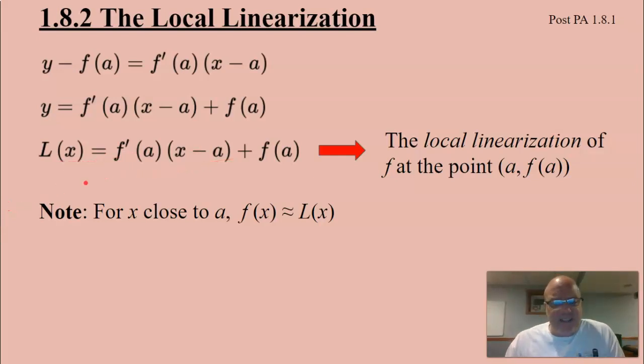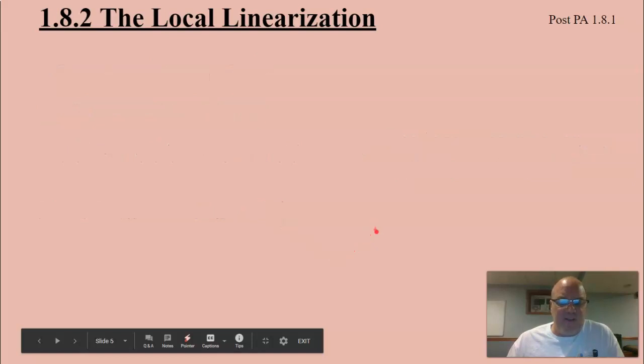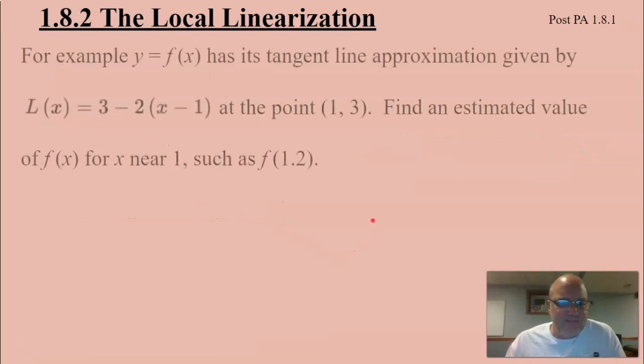And it's perfectly acceptable to say that when values of x are really close to values of a, like within 0.01 or 0.001 or even 0.1, then f of x and L of x are approximately the same thing because they kind of lie on top of each other. So that's why we can use L of x to estimate f of x at a certain point. I hope this is making sense.